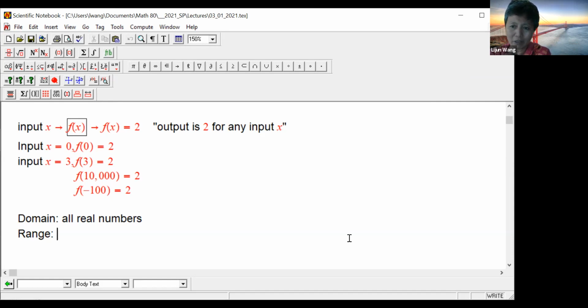So what do we have here? There's only one number in the range, isn't there? So the range is what?